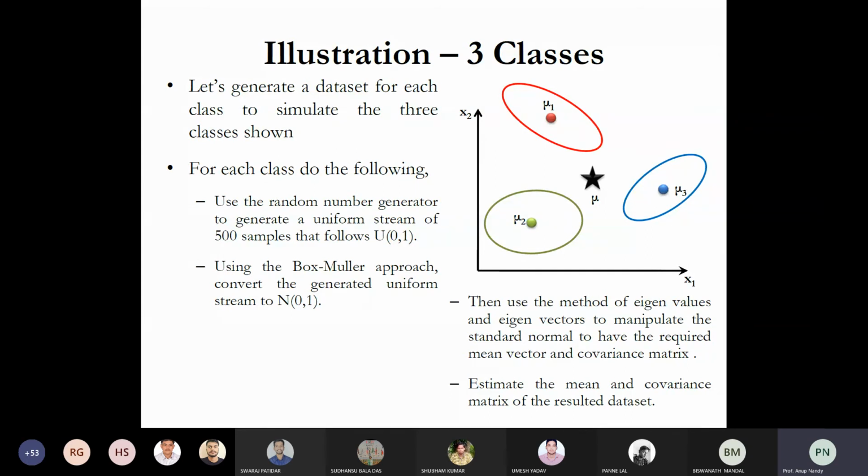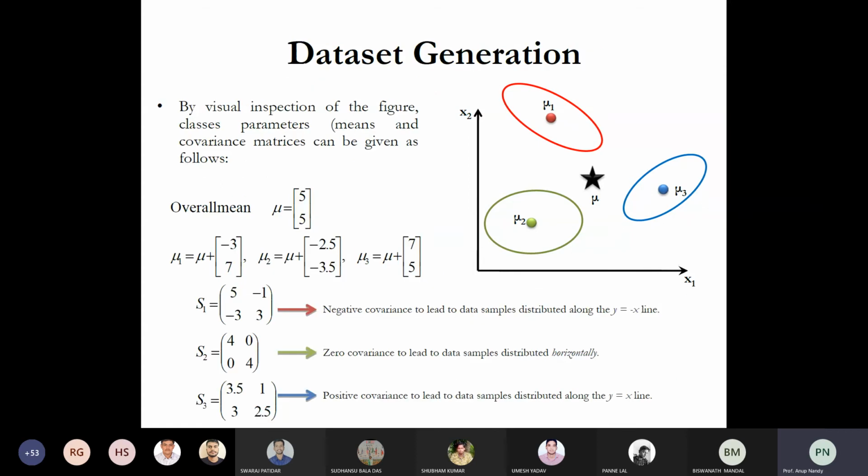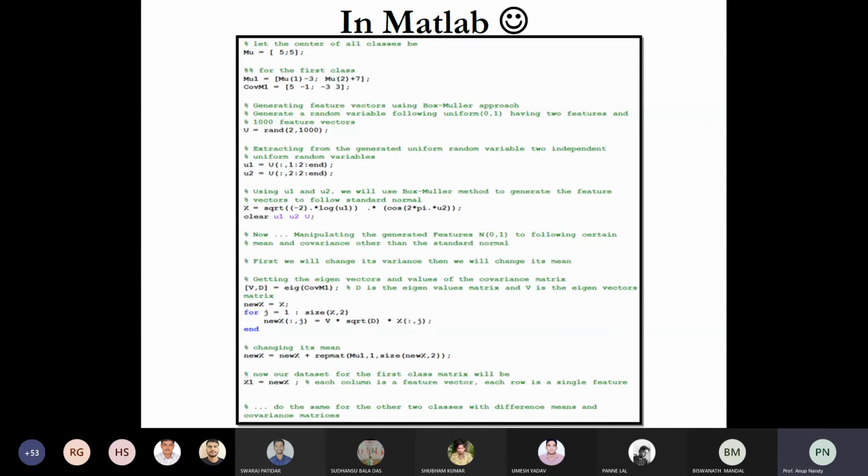You have to estimate the mean and covariance for the resulting data set, that is, the projected values. By visual inspection you have this mean and covariance matrix, and then you can compute it for these different classes. There is a MATLAB code for this.